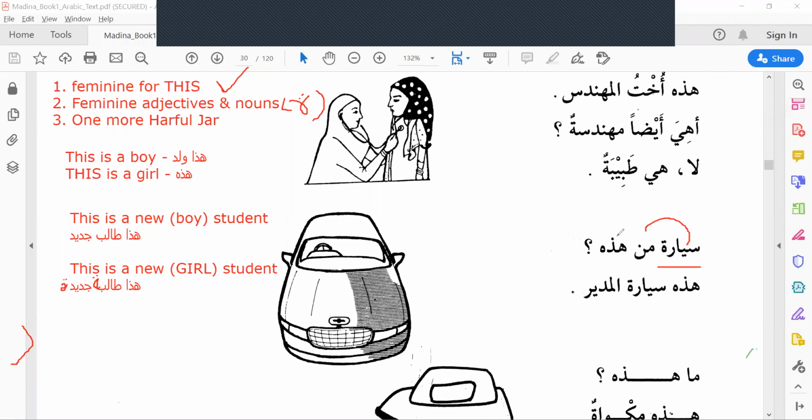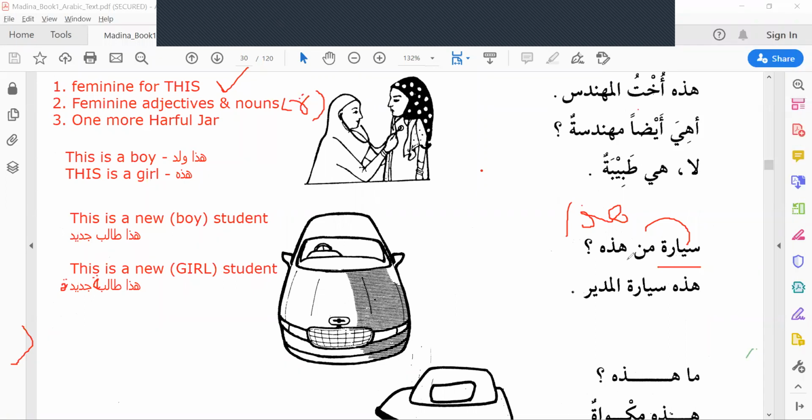Whose car is this? Since it's sayyaratu, we should not say hada. If you say hada, grammatically it's wrong. Sayyaratu man hada may be a fine translation of whose car is this, but it is grammatically wrong, because sayyaratu is feminine.